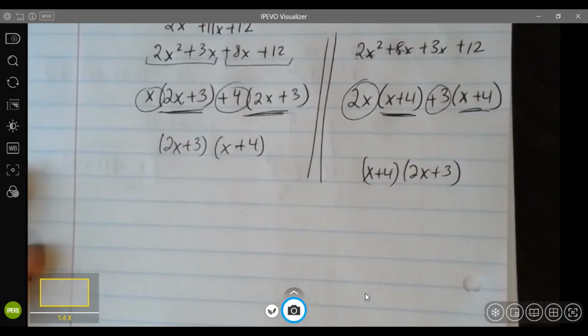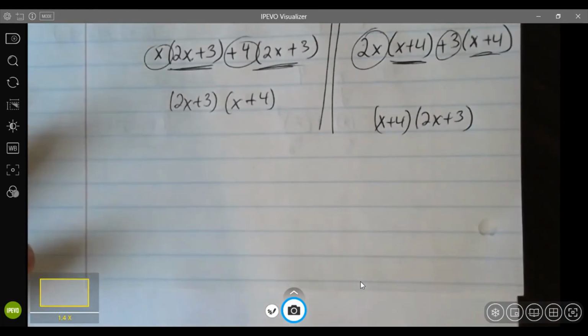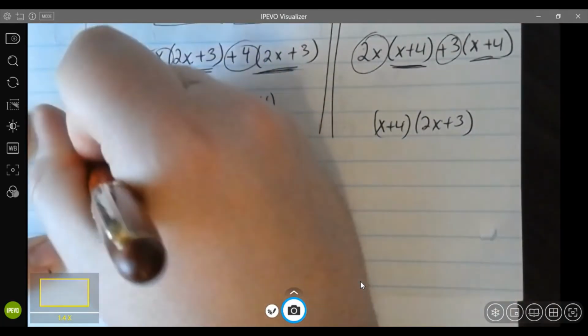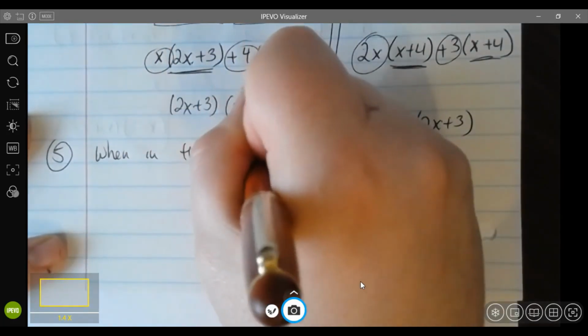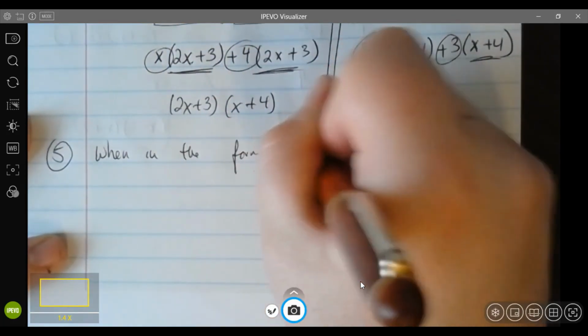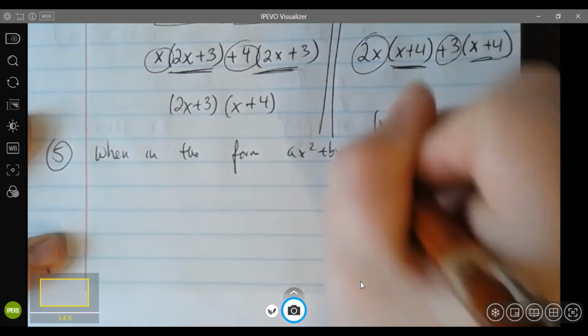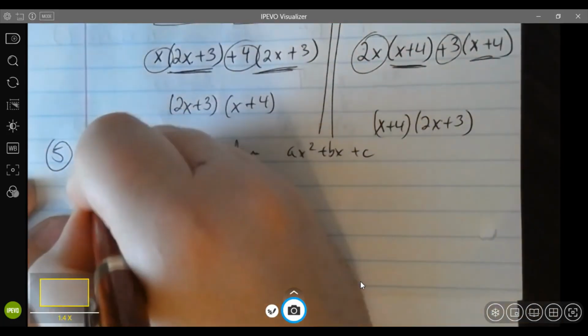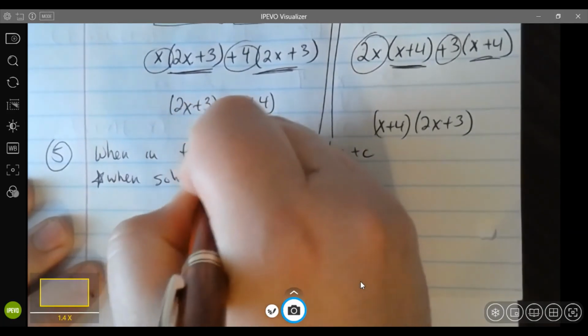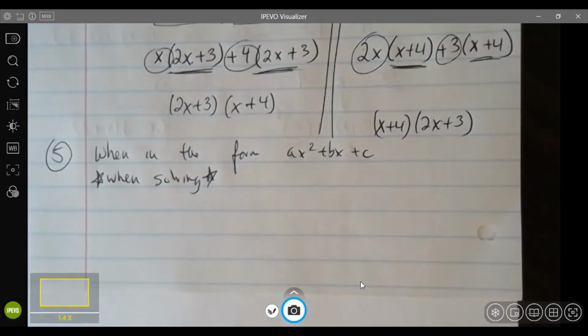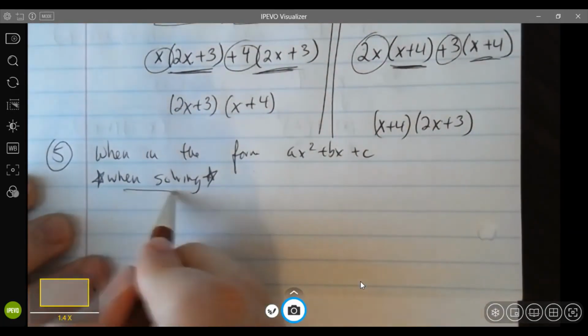And then when you're working with quadratics, if they're asking you to solve, you can use the quadratic formula only when you're solving.